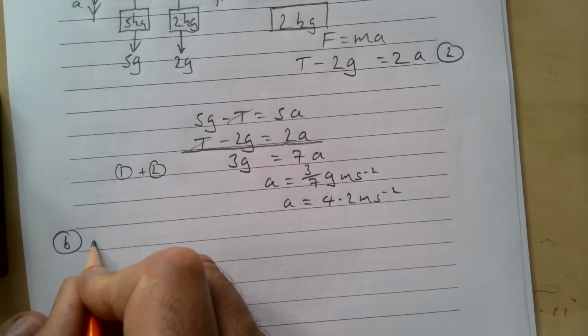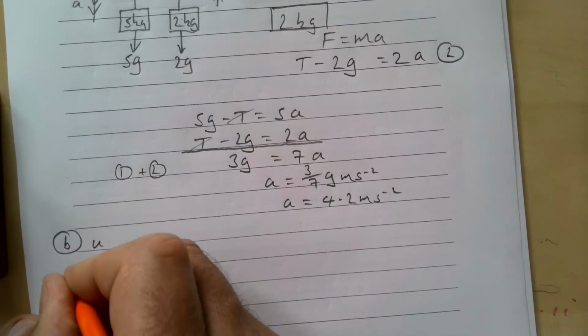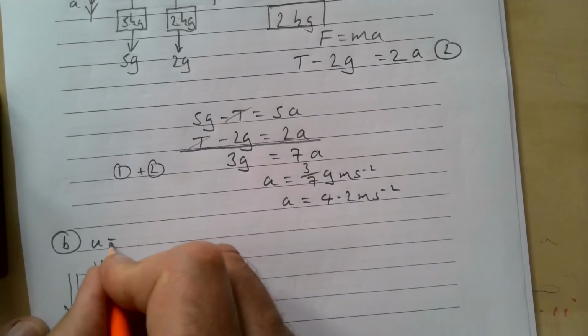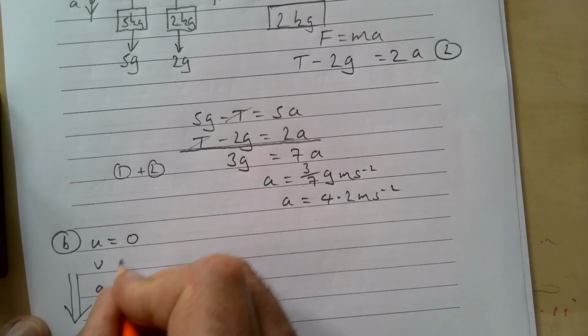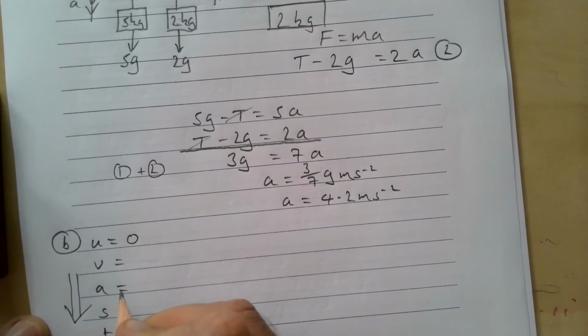As with all of these, I do U, V, A, S and T, and because it's due to gravity, I'm going to pick the direction of motion to be positive. It starts from rest, so U is 0. Distance moved, we don't know. Our acceleration, we've just worked it out, so it's 3/7 g. Distance is what we want, and our time in this case is going to be 3.